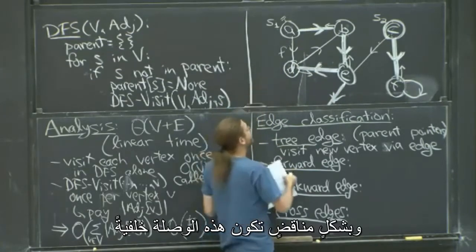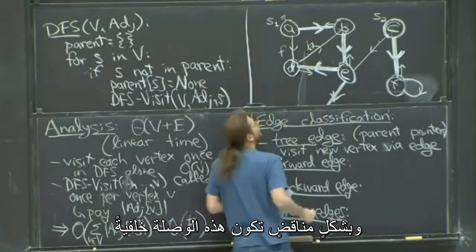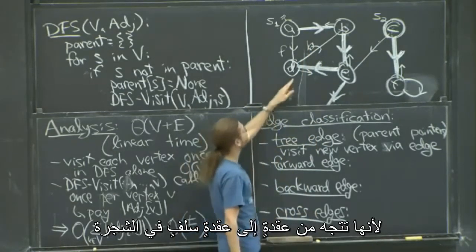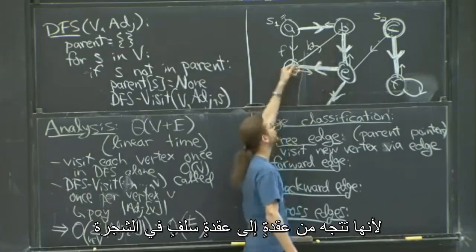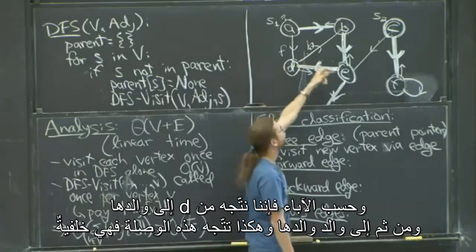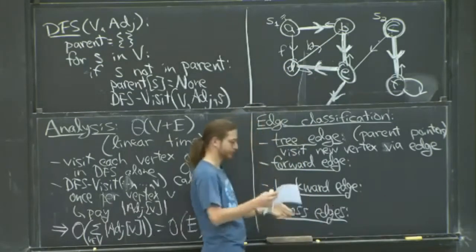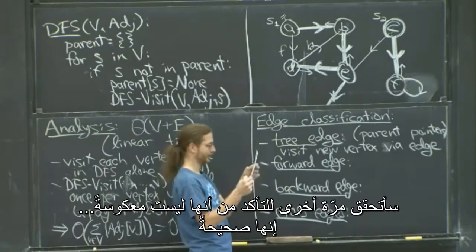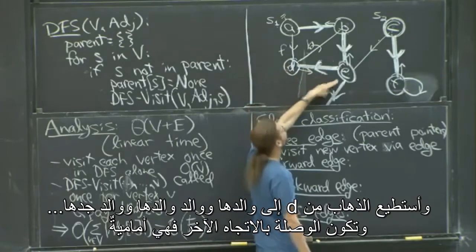By contrast, this edge I'm going to call a backward edge because it goes from a node in the tree to an ancestor in the tree. If you think of parents, I can go from D to its parent, and that's where the edge goes. So that's a backward edge. Double check I got these not reversed. Yep, that's right. Forward edge, because I could go from D to its parent, to its parent, to its parent.